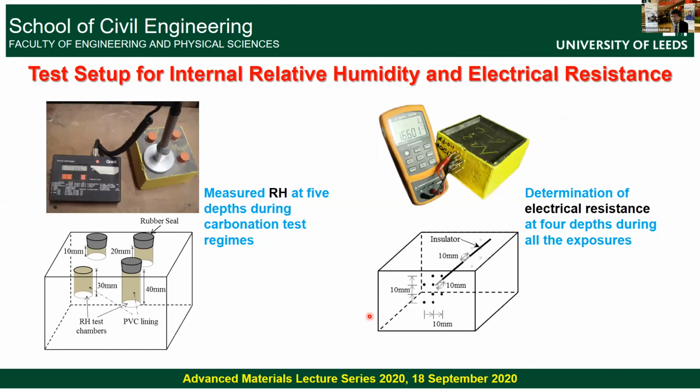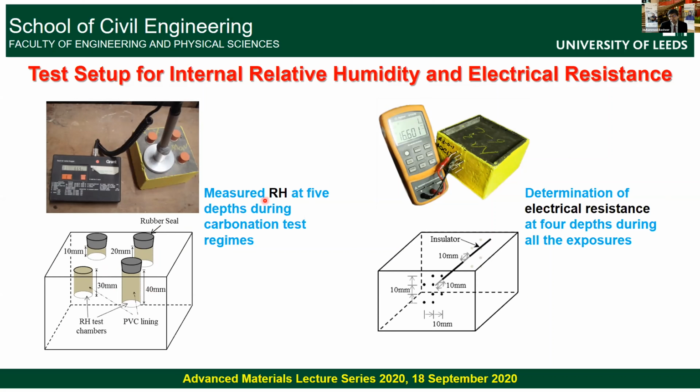And then to measure the relative humidity and electrical resistivity, this is the setup used. You can see holes of depth 10 millimeter, 20 millimeter, 30 millimeter, and 40 millimeter. In addition to that, the surface measurement also was used.